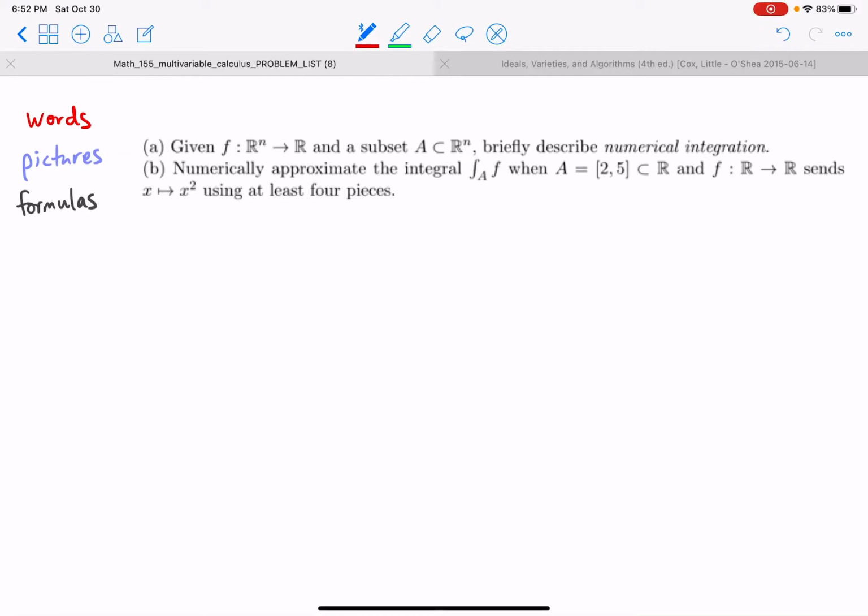Okay, hi everybody. So, given some function on Rn and a subset of Rn, briefly describe numerical integration.